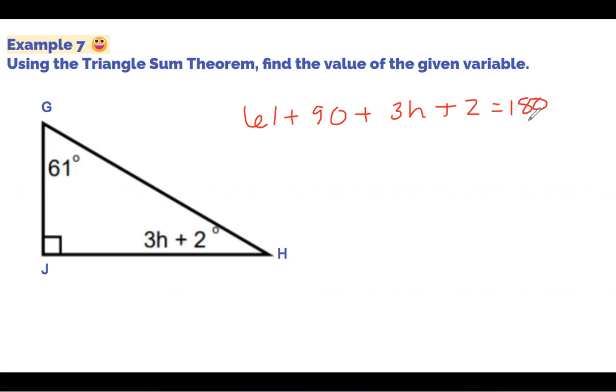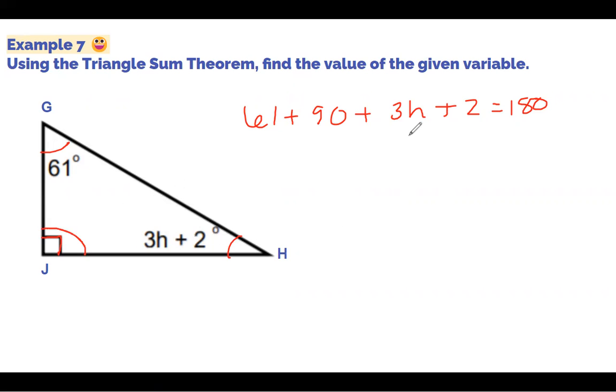All right. Now that we've established our equation, remember that 61 comes from our angle G. 90 comes from our angle J. Don't forget that this measurement signifies that we have a 90-degree angle. And angle H is 3H plus 2.